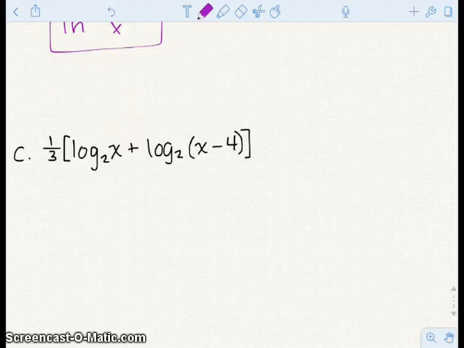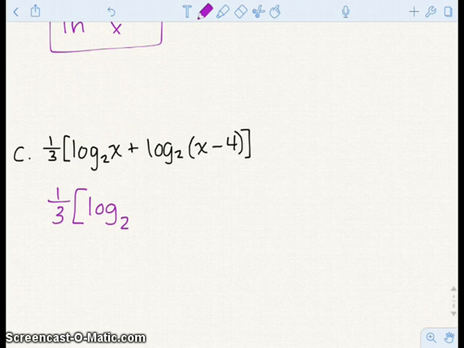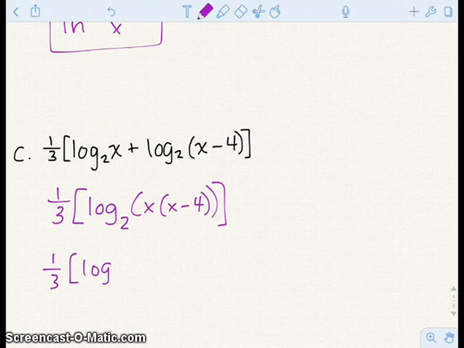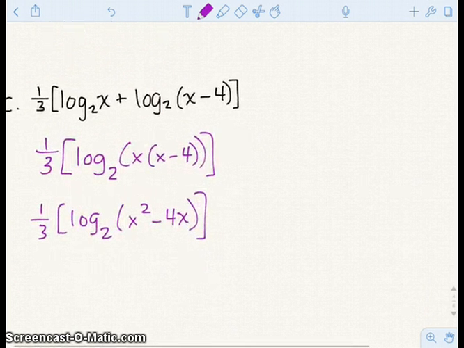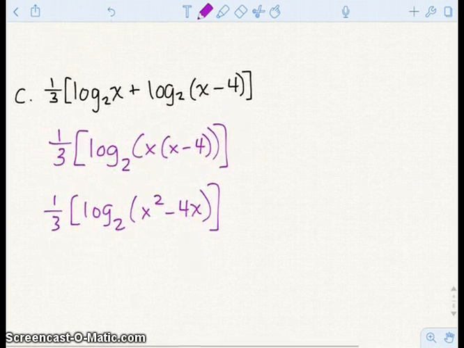This one's a little trickier. I'm going to condense the inside before I condense anything else. So inside I see it's two things being added together, so I'm going to multiply them. This actually is nice enough that I could simplify that inner log because it's just going to be x squared minus 4x. And then that 1/3 out front is a coefficient, and I'm going to turn it into a power.